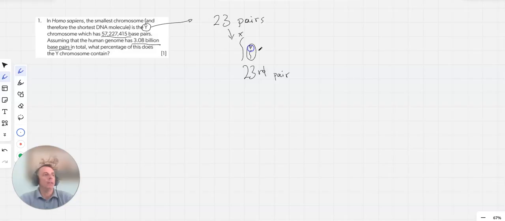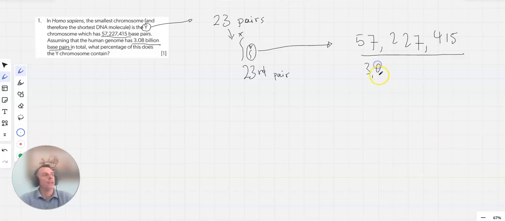Right, in this one here we've got the number 57,227,415. So you divide this number by the number 3.08 billion. Okay, millions and billions.